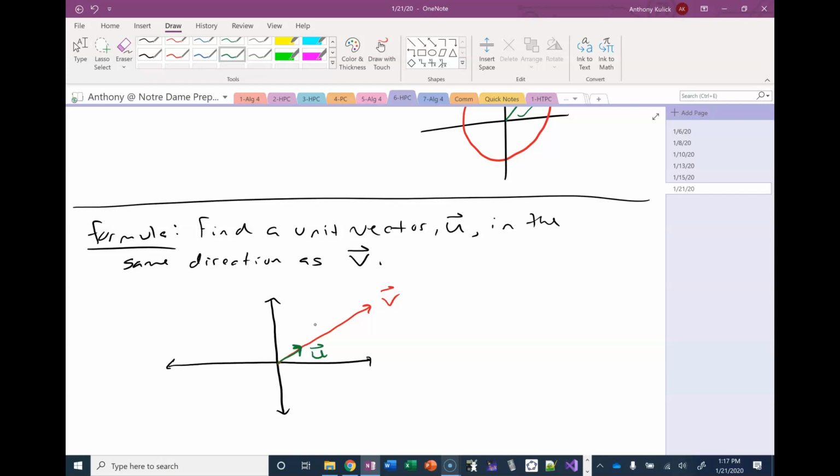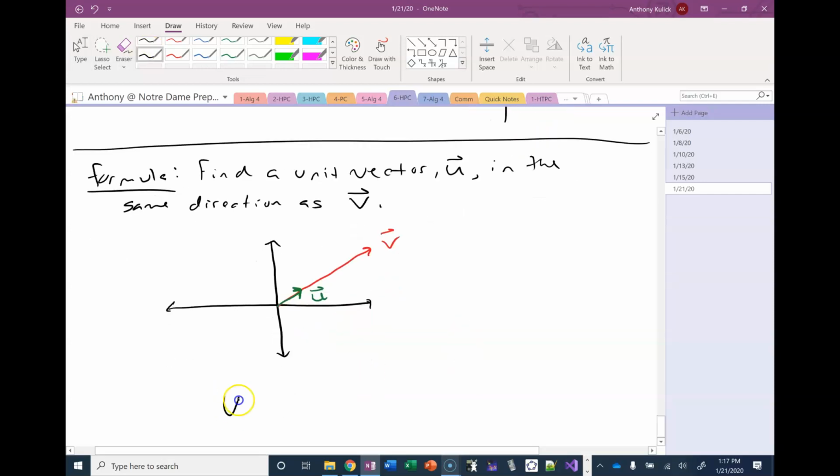We just saw this a few minutes ago. So I know that u is going to equal something times vector v, right? Everybody's okay with that much? We're not sure what that something is yet. We're going to fill that in a moment. But it's going to be some real number.